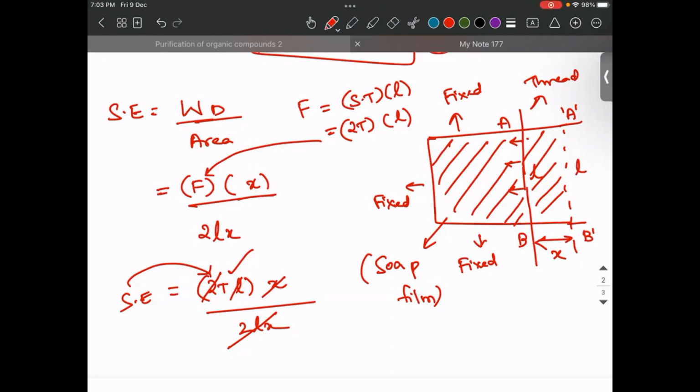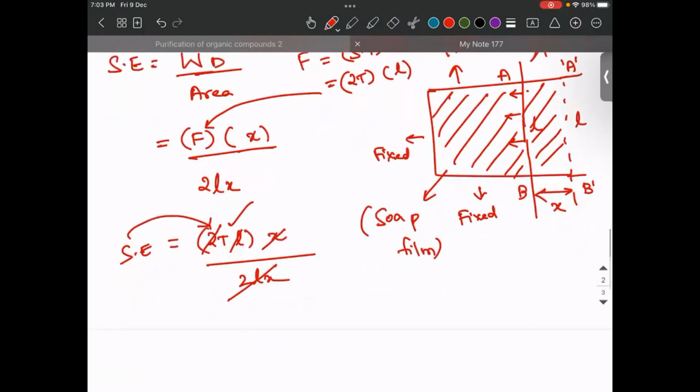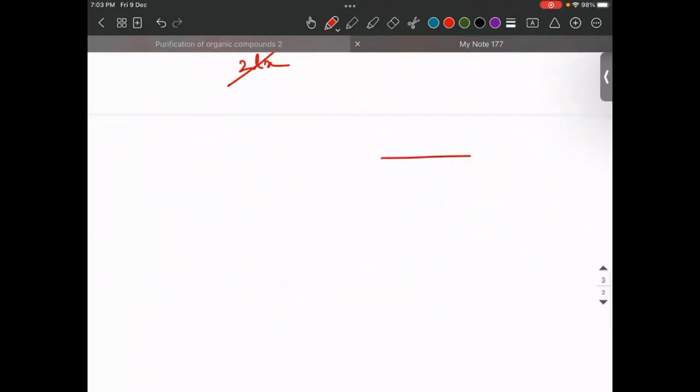Sir, in that molecular theory of surface tension, the molecule in the topmost surface is getting pulled downwards, so its potential energy is increasing. Why is it so? Because it is experiencing maximum force. Anything which is unstable is said to have more energy.